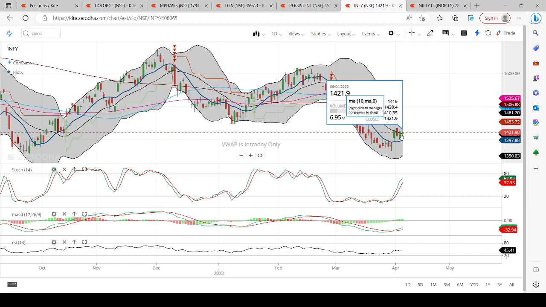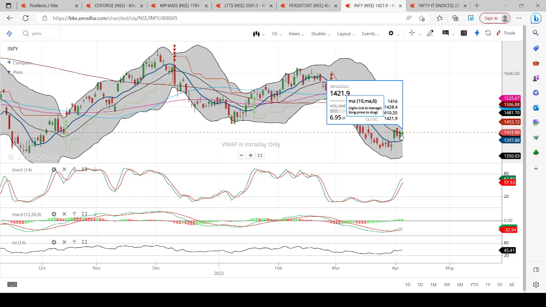and if the index is going to have a breakout post the results of TCS, for sure this will also run on the higher side. Infosys normally gives guidance. TCS won't give guidance, but Infosys does. Guidance means the percentage of returns the stock is expected to do in the next 1 year.